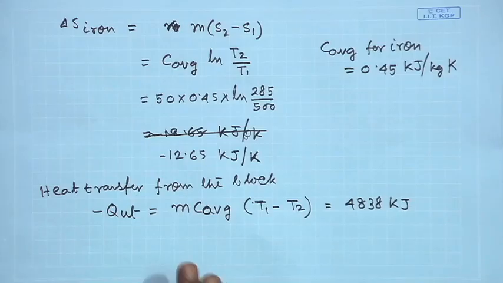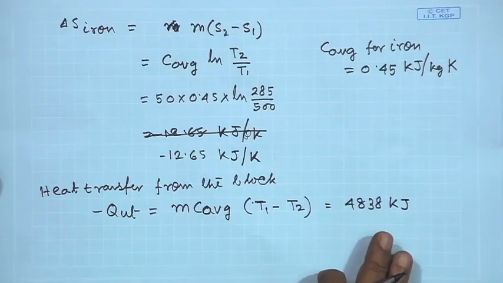So, this is the magnitude for iron block, it will be a negative quantity, and this will be a positive quantity for the water in the tank.